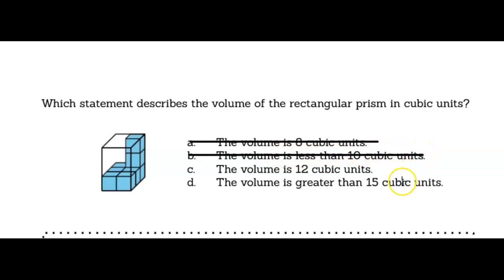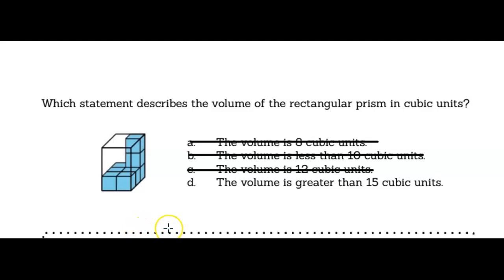Is the volume 12? Well, I just talked you through it, but I'll talk you through it again. I've got a layer of 6, then another layer of 6. That would be 12, but then there's another layer of 6. So let's see if D actually holds up. The volume is greater than 15 cubic units.